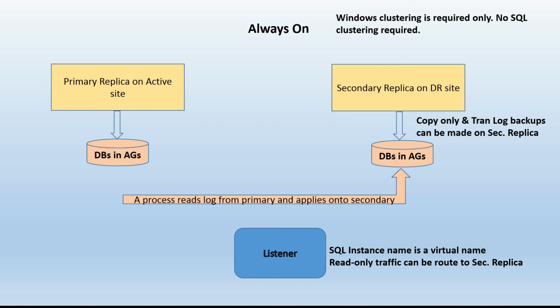In addition to that, I also want to talk about how routing takes place from the primary replica to the secondary replica, and how the secondary replica actually gets the connections to the server.